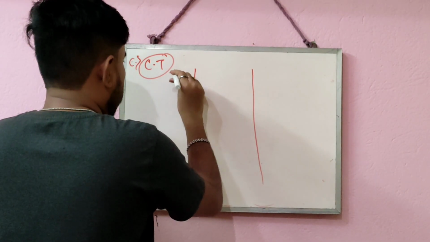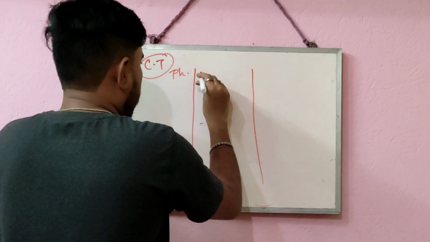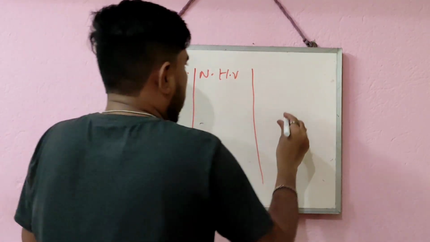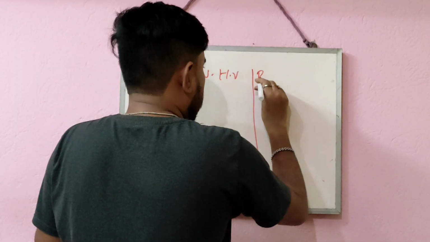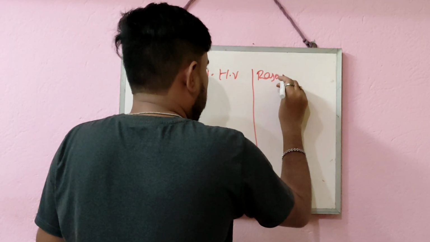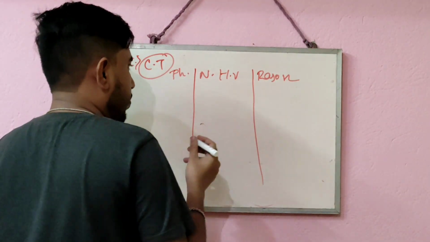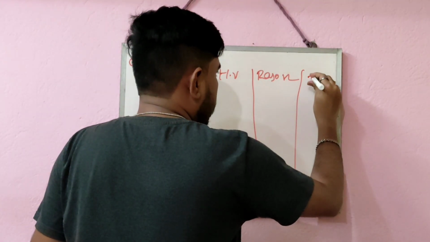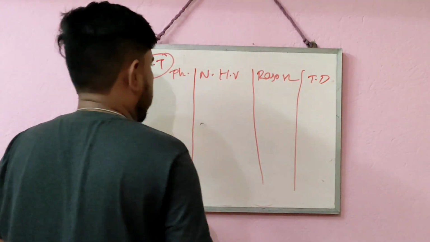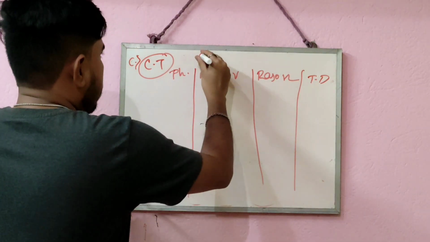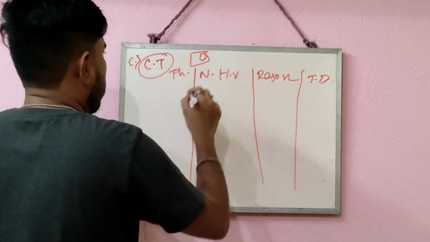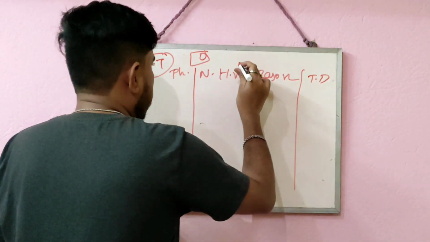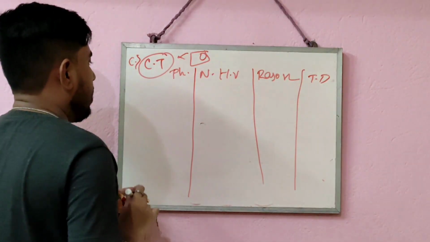That is the phase, the number of human volunteers, the reason or the parameters that we have to test in the human body, and the time duration of all these tests. So first I have already discussed phase 0, that is preclinical testing. It generally takes 5 to 10 years, then INDA, then it comes to clinical trials.